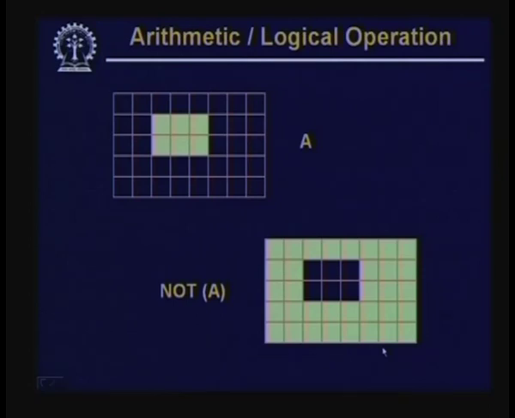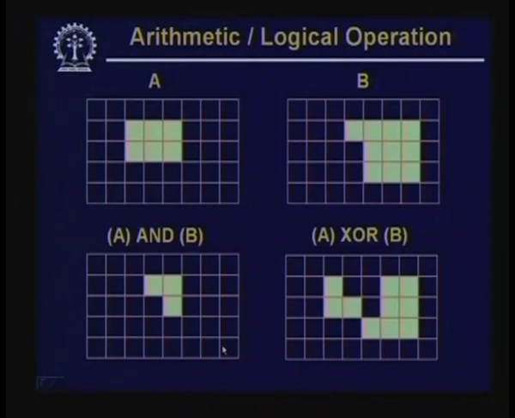Here is an example: I have a binary image A, where pixels with value 1 are shown in green and pixels with value 0 are shown in black. I can invert this binary image, that is, perform a NOT operation. NOT of A is another binary image where all the pixels which were black now become white or 1, and pixels which were white or 1 become 0.